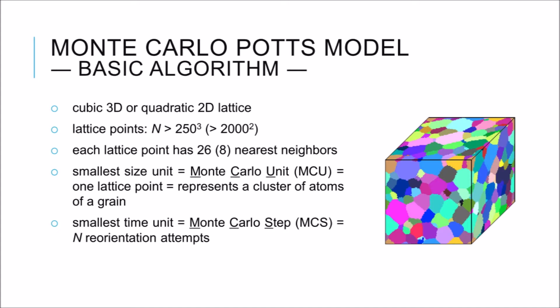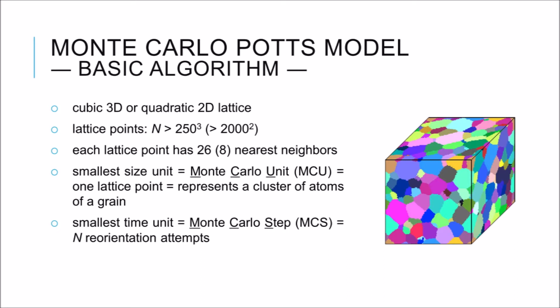Now I've said that we shouldn't go up with our resolution too much, because the smallest time unit of the simulation is called Monte Carlo step, MCS, and it is basically n reorientation attempts. And this n is precisely the total number of lattice points that we've seen up here in this slide.